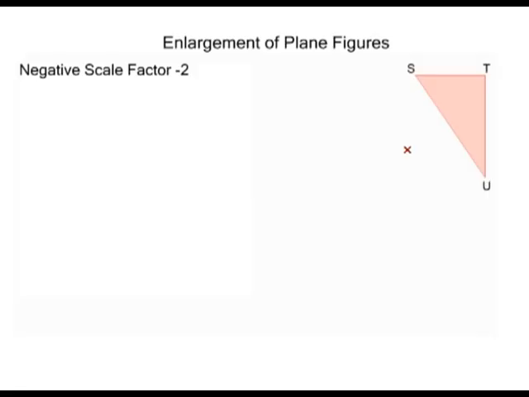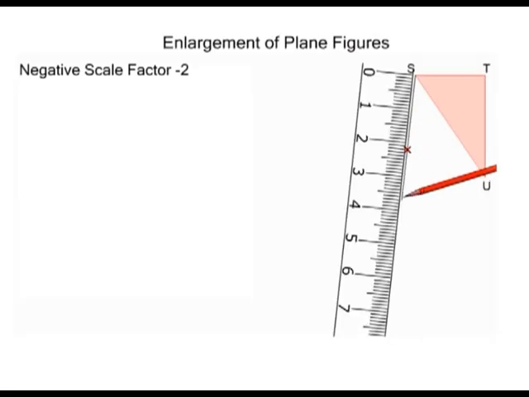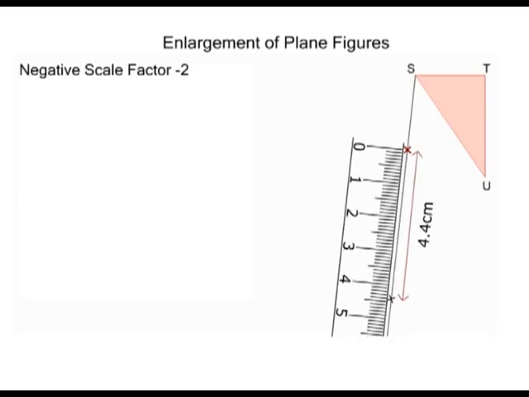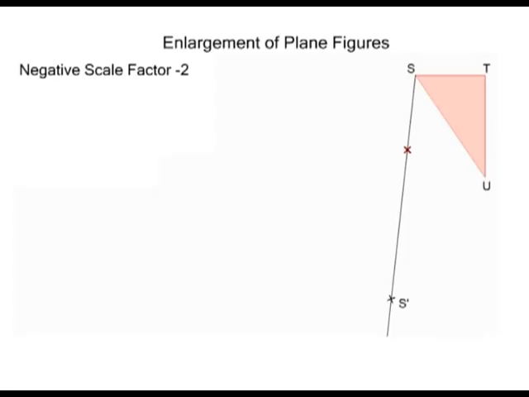So we draw the projections just as usual. We measure SX, it's 2.2 centimeters. Now double that distance. But you must measure all the distances from the center of enlargement. It's 4.4 centimeters. That's S prime.